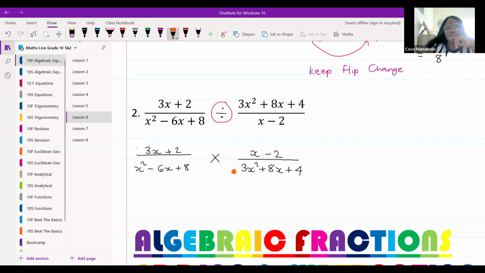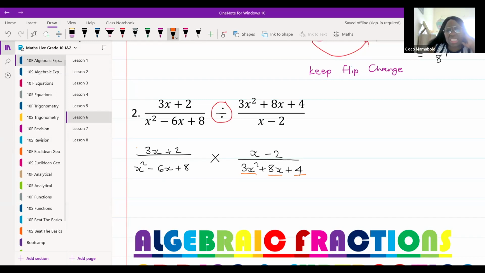Well, I mean, we need to look at all of these. We need to look at 3x squared and 8x and 4. Do these have anything in common? 3 doesn't go into 8 or into 4.